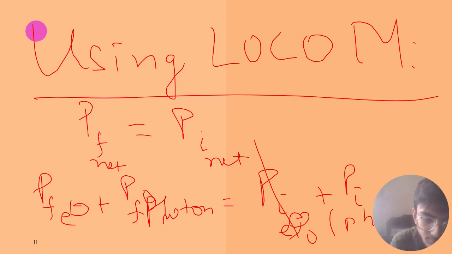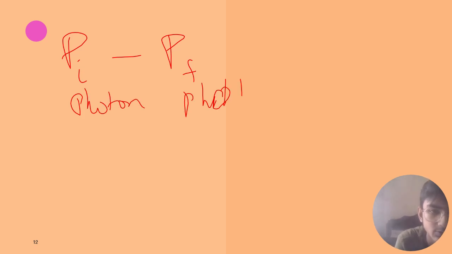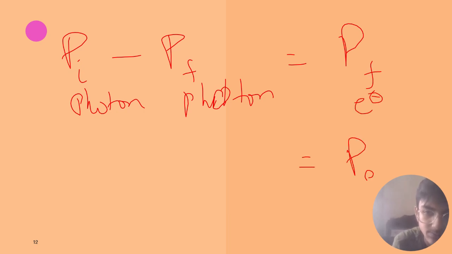No issues. Now for the final momentum of the electron and the momentum of the photon, we have discussed that it was h cut into k. So let's use that. P initial minus P final of the photon is equal to P final for the electron. We will use it as p. And here you will use h cut into (k minus k dash).